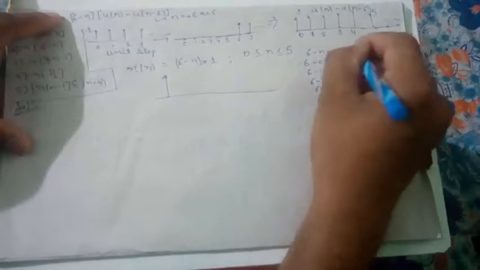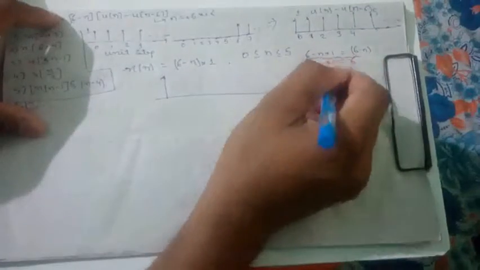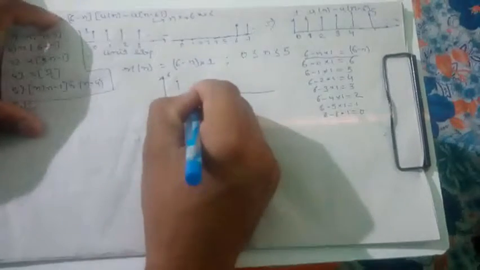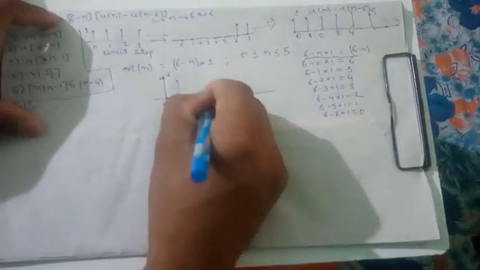So at 6 the value is 0. At 0 we will get 6.